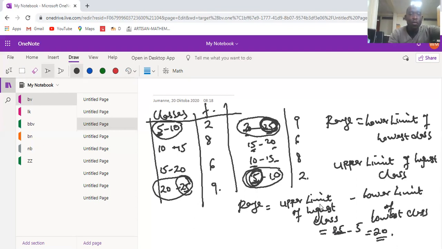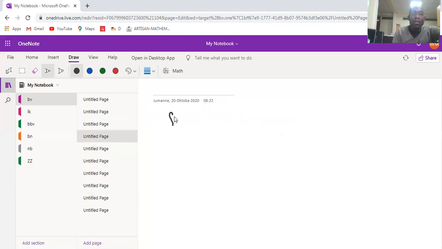Having looked at that, we can look at another measure of dispersion known as the standard deviation, commonly denoted by a sign like that.